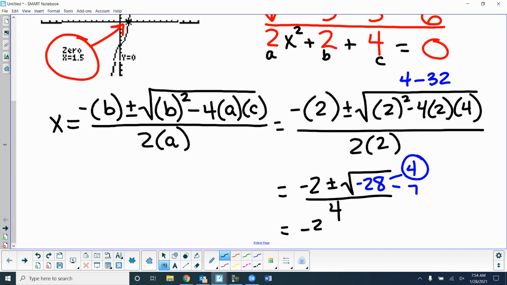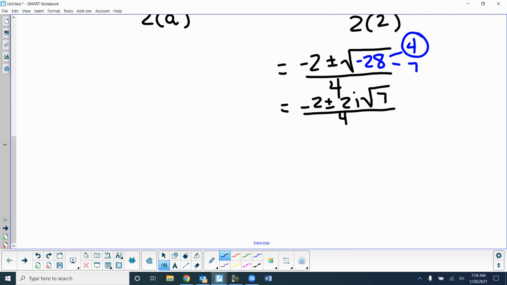So this is negative 2 plus or minus 2i because of the negative, and then the 7 is left, all over 4. Well, since all these 3 numbers here are even, I can divide 2 into it.